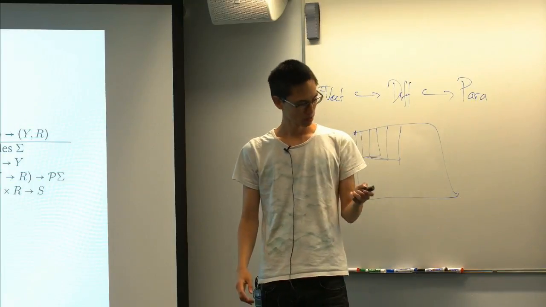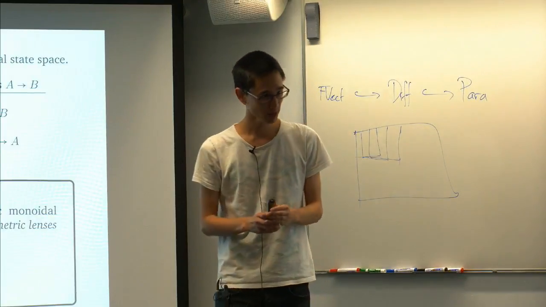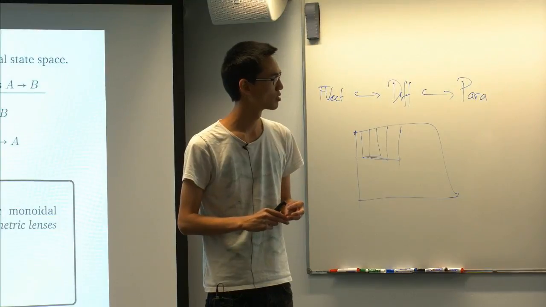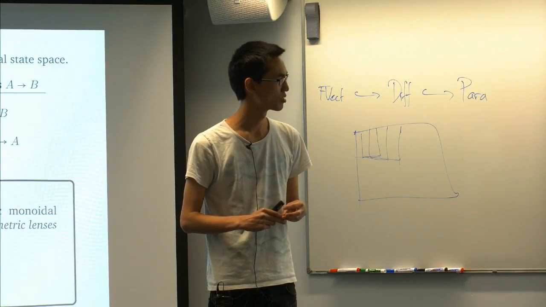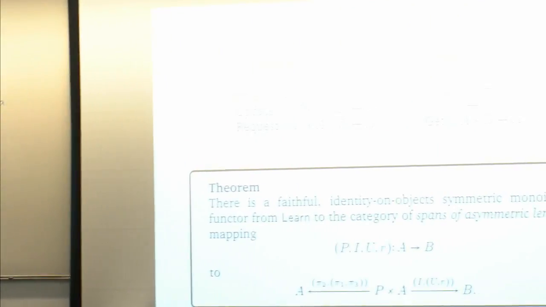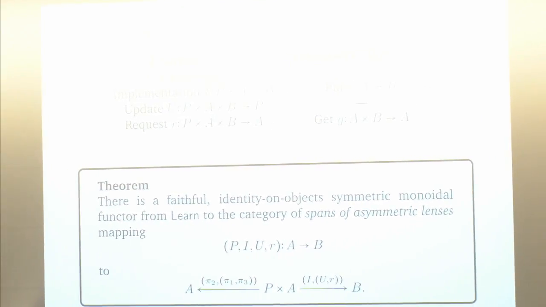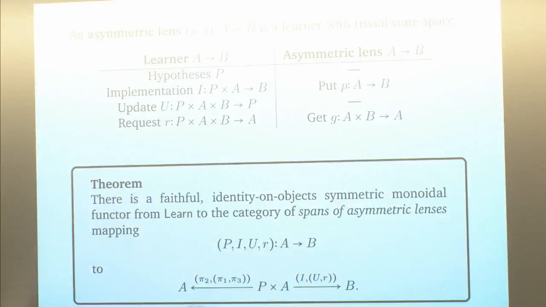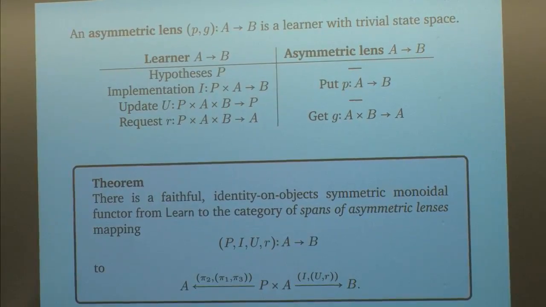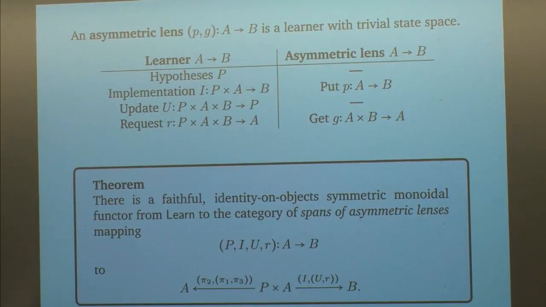Can you go to the previous slide, please? Sure. So it's probably a naive question, but like asymmetric lens, you define it as a learner with trivial state space. If I come from a Haskell background and I use lenses, what would be non-trivial lenses if I parametrize them by parameters? Is there any meaningful intuition that I can build about this? I don't know, I'm not familiar.